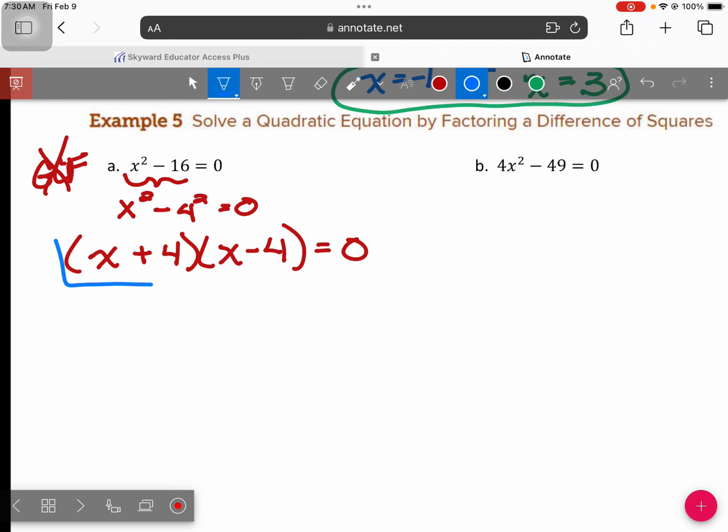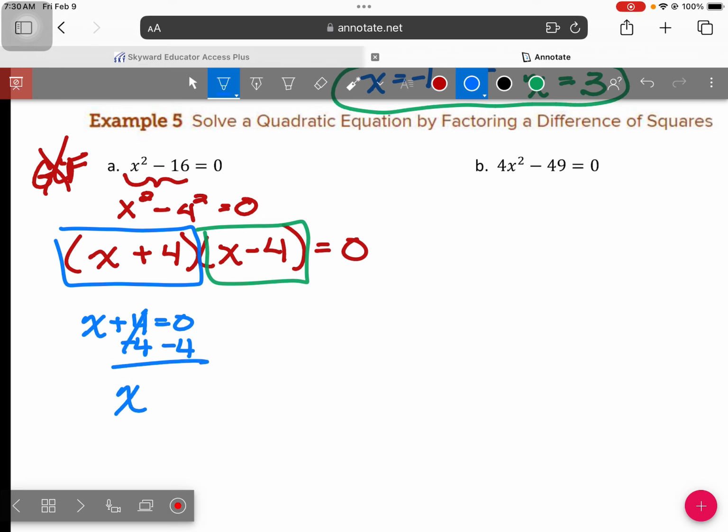Set each of those individually equal to 0. So x plus 4 equals 0, minus 4, minus 4. X is equal to negative 4. Or x minus 4 equals 0, plus 4, plus 4.